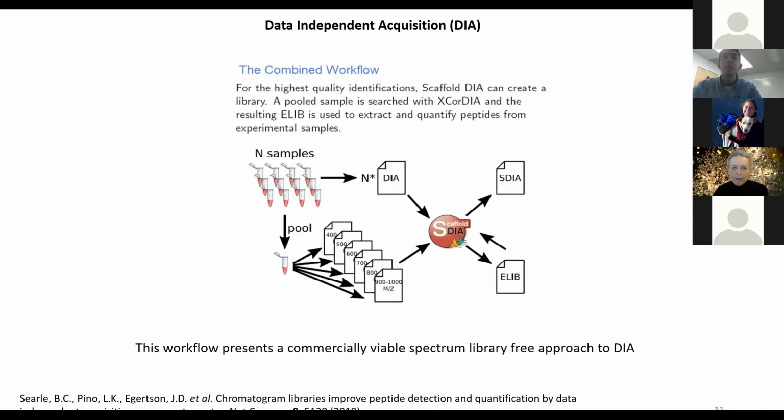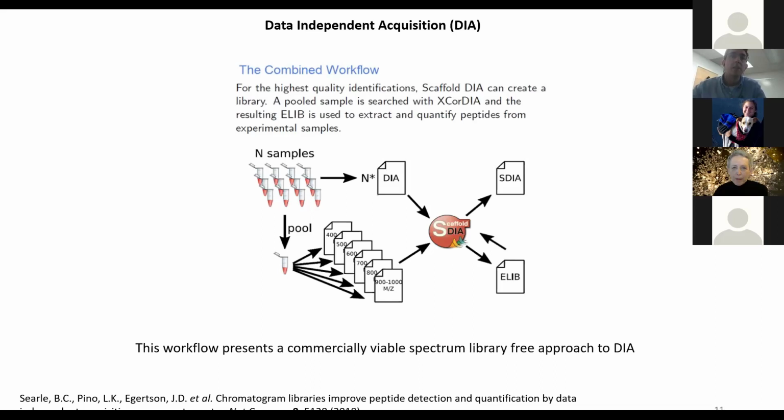So what we were particularly excited about was this development, and this was the idea of a spectrum library-free approach to DIA, where we can use gas phase fractionation to make a library.